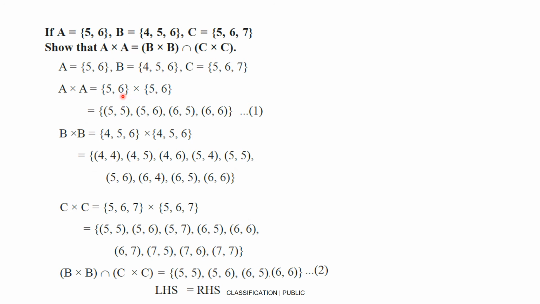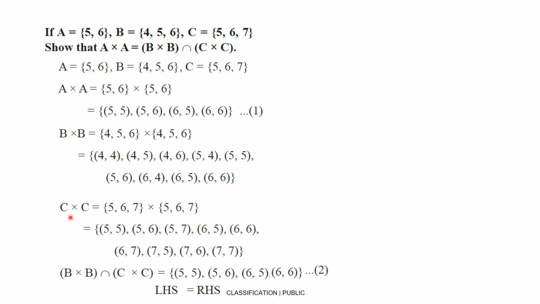Next B cross B is also the same: {4, 5, 6} and {4, 5, 6}. Pair it: (4, 4), (4, 5) and (4, 6). Next (5, 4), (5, 5) and (5, 6). Next (6, 4), (6, 5) and (6, 6). That is B cross B.